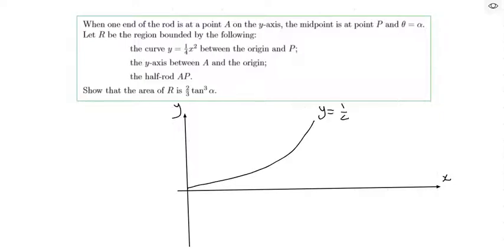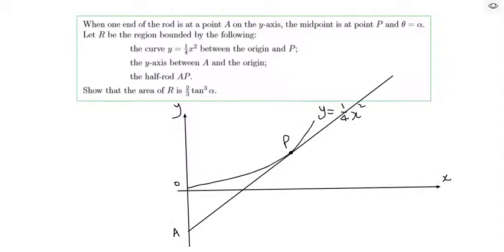Y equals a quarter x squared. Point P. One end of the rod is on the y-axis, so something like that. And this is point A down here, and this is the origin here.